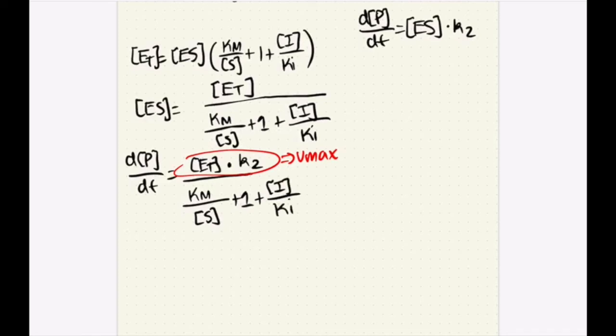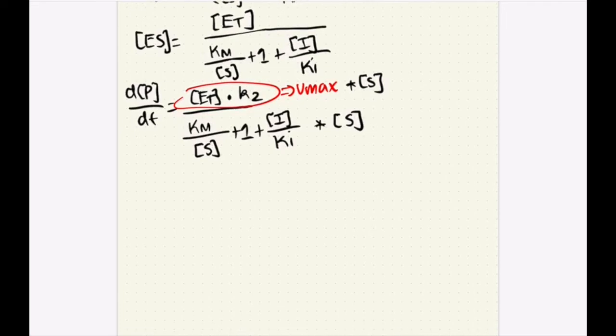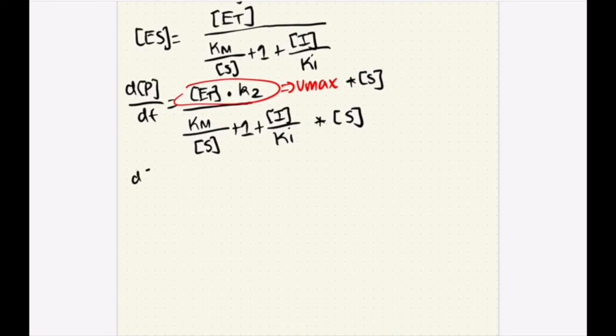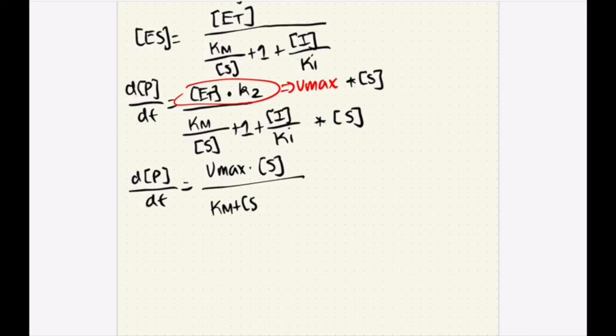To get this into the official format, we multiply both the numerator and the denominator by the substrate concentration. So we have Vmax times the substrate concentration over the Michaelis constant plus the substrate concentration, plus the substrate concentration multiplied by the inhibitor concentration over the inhibitor constant.